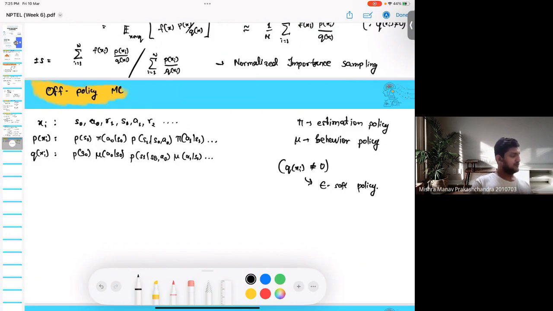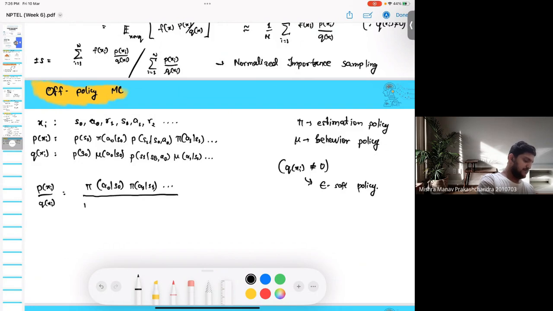Okay. So now, if I just take the ratio of P of xi to Q of xi, you get pi of A0 given S0, pi of A1 given S1, and so on, over mu of A0 given S0, mu of A1 given S1, and so on. Computing P of xi is a difficult task.